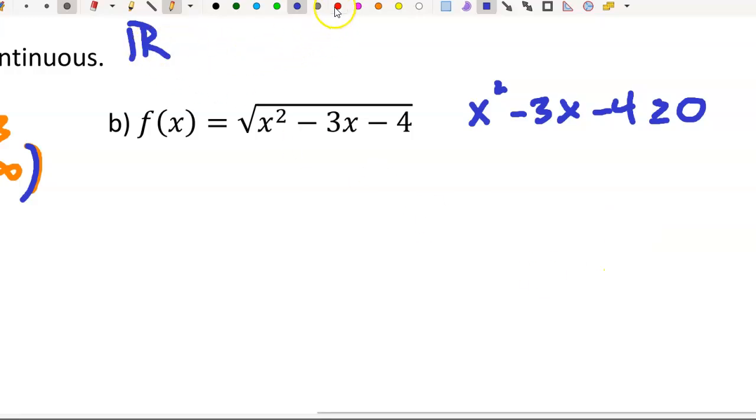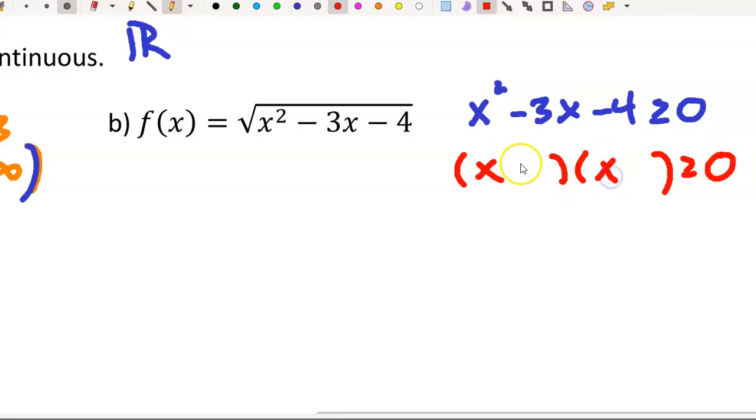All right. So as usual, when you get polynomials, especially quadratics, try factoring. So what does it factor to? Well, it multiplies to negative 4 and adds to negative 3. So it looks like we'll get a 4 and a 1. One of them is negative, one is positive.